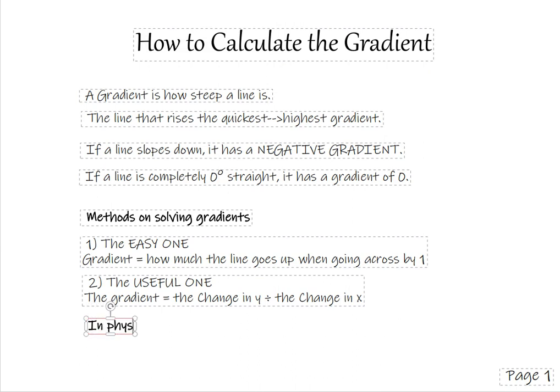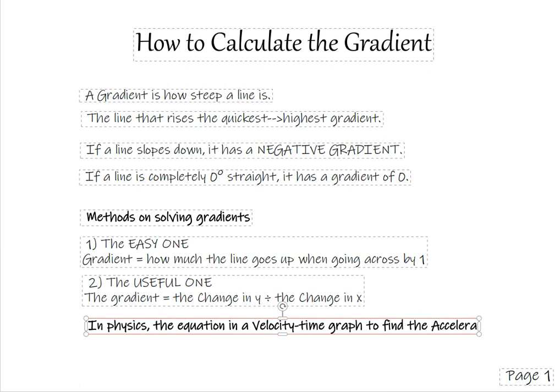In physics, the equation in a velocity-time graph, to find the acceleration, and we will talk about this later, is delta y divided by delta x. I don't know why it's this symbol.